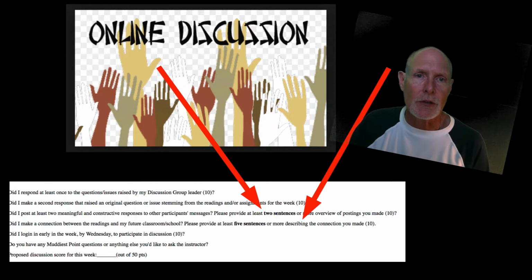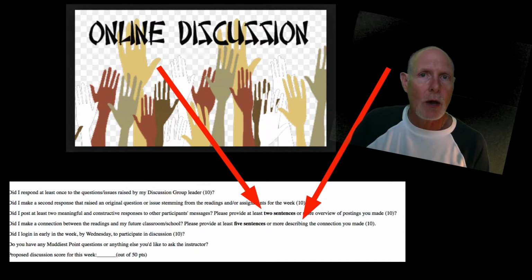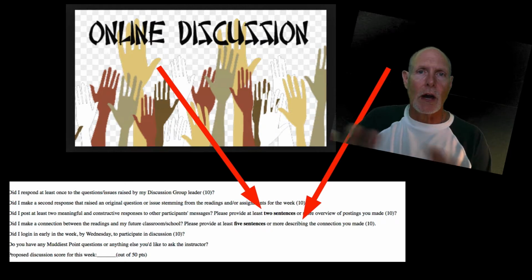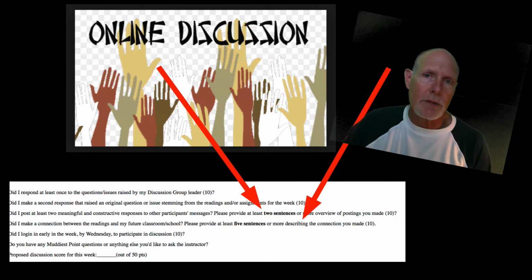Then, since I have you, I would just remind you about the online discussion every week and how important that is, that you get on throughout the week and participate in the discussion, and then at the end of the week you submit that discussion rubric. I know I blew it the first week by not having prompts for your discussion, so I modeled very poorly for you.